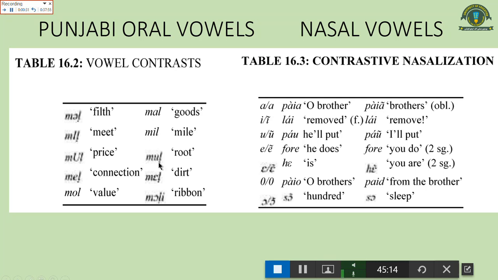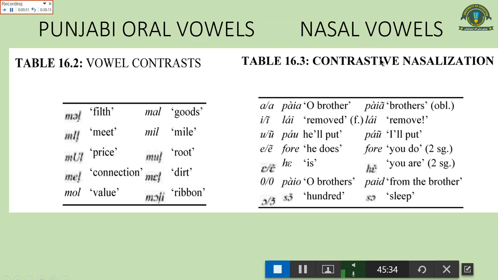So these are actually pronounced differently, and then you can see here it's male and mal, and it's mole and molly. So there are these 10 vowels in Punjabi.